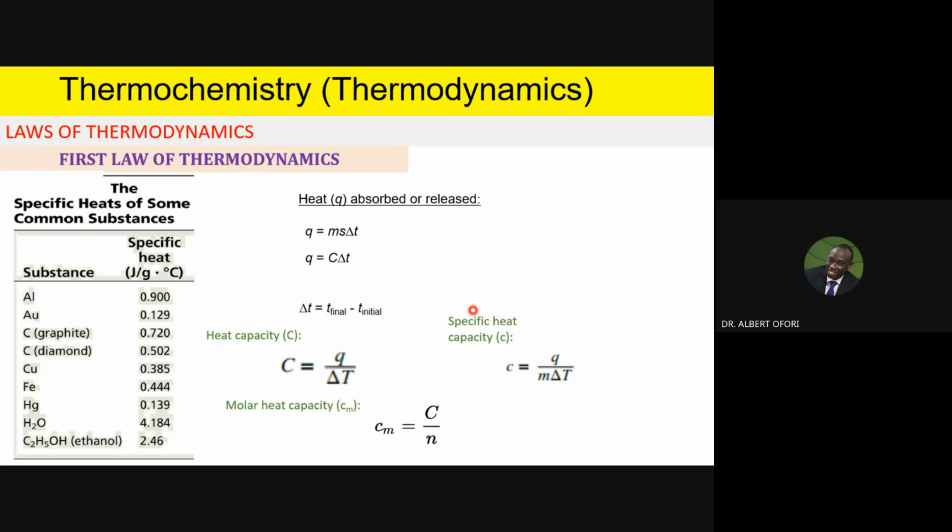It's quite similar to the specific heat capacity. The only thing is that in specific heat capacity, you are measuring the mass in grams of a substance, whilst in molar heat capacity, you are measuring moles instead of the mass. In any case, all these formulas are correct.